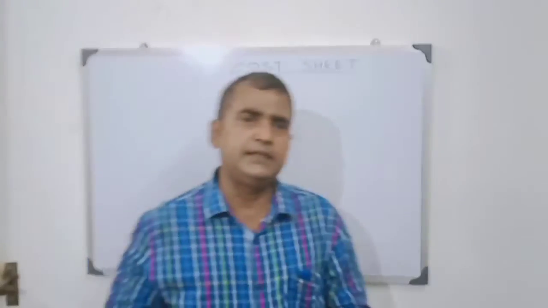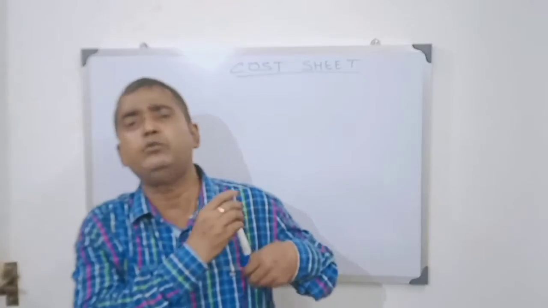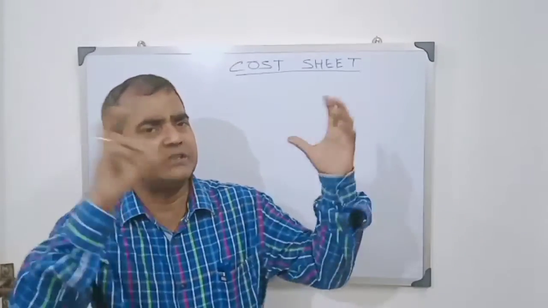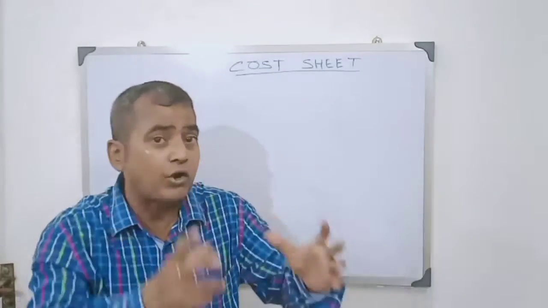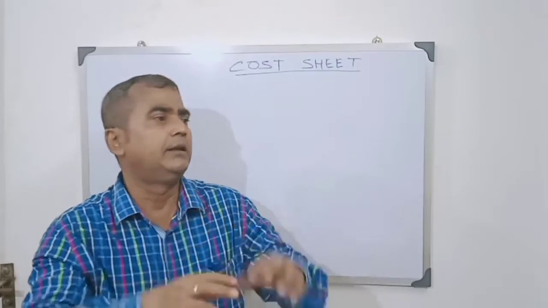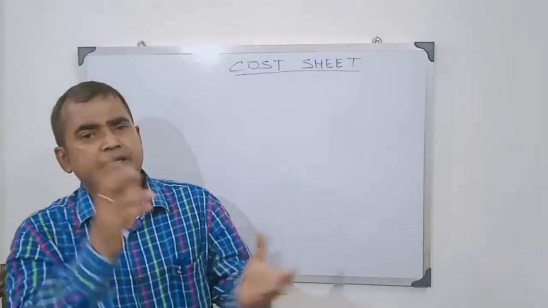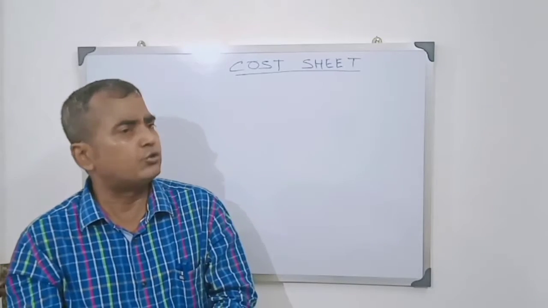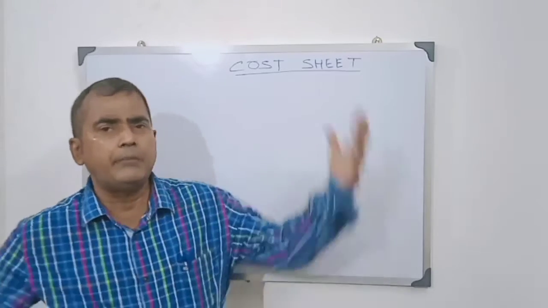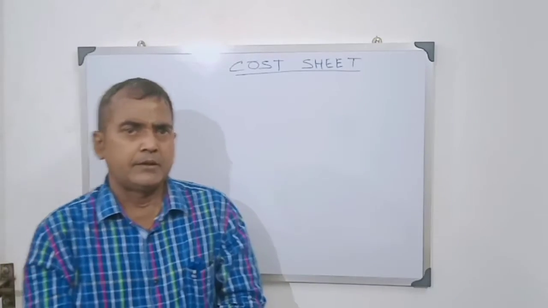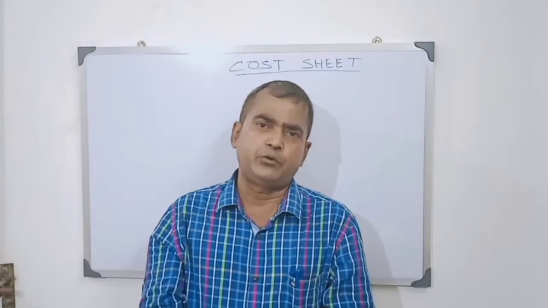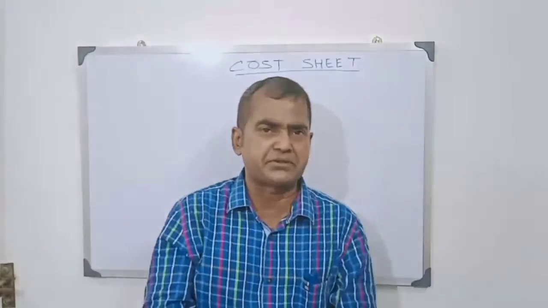Now let us see what is cost sheet and why do we prepare it. Cost sheet is a statement of all costs of production of a particular product. It could be a single product, or a number of products, but the same product in many numbers.